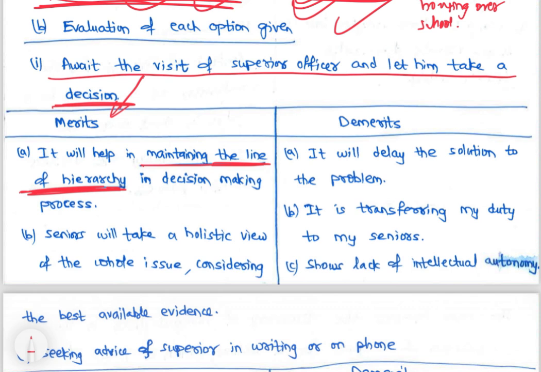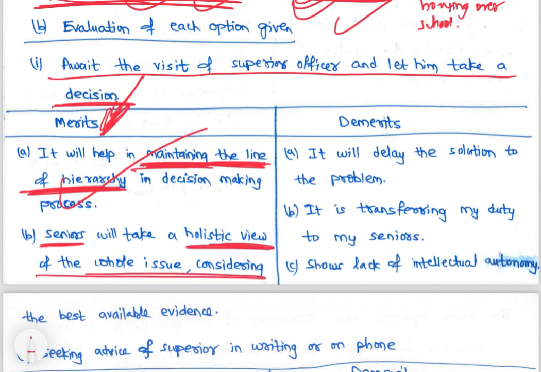So if you wait for the superior officer's visit and let him take the decision, it will be maintaining the line of hierarchy, that is merit. Then seniors will take a holistic view of the whole issue considering the best available evidence. Seniors have more knowledge and better decision making skills on how to resolve these issues. So they will take a holistic view of the whole issue considering best available evidence. Okay, these are merits.